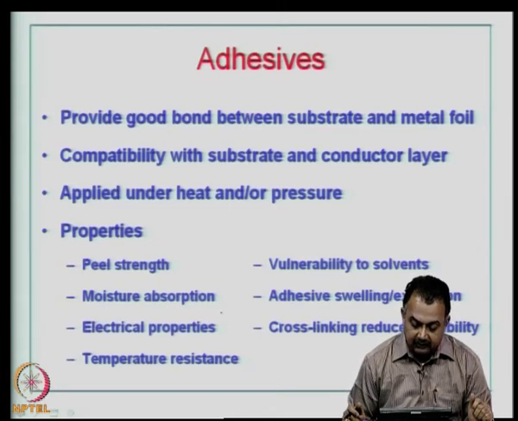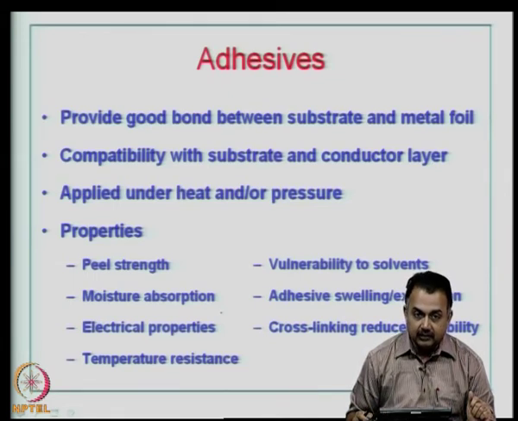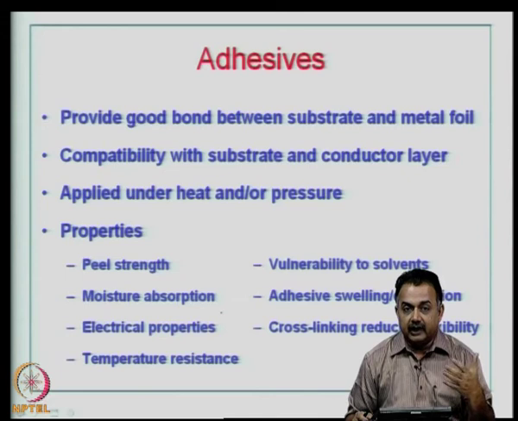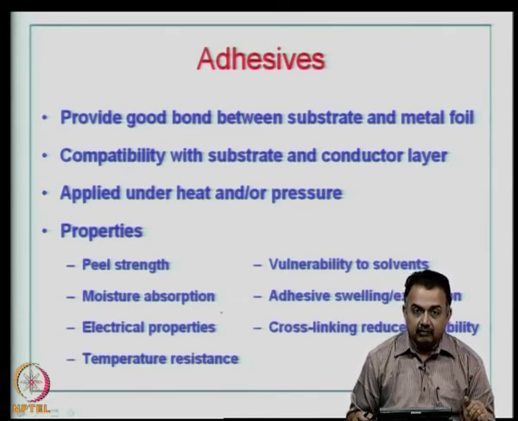Compatibility should be there with the substrate and the conductor layer. It is applied under heat and pressure, so it should bond well. The properties that you look for in an adhesive is the peel strength, moisture absorption, because if an adhesive absorbs moisture, it is going to affect the bonding between the foil and the dielectric.